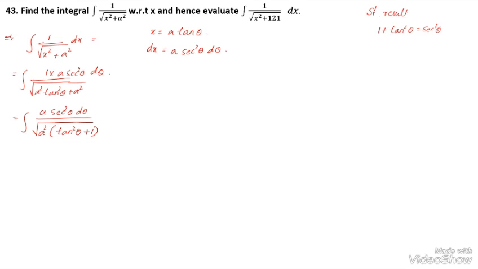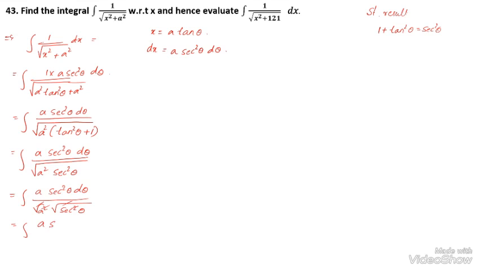By using this standard result, I can directly write a sec square theta d theta divided by root of a square into sec square theta. Both contain squares, so taking separately, root of a square and root of sec square theta. The square root gets cancelled here, and here also the square root gets cancelled.